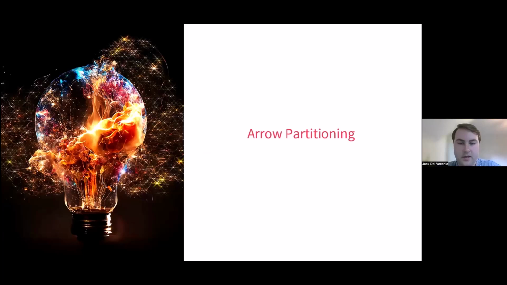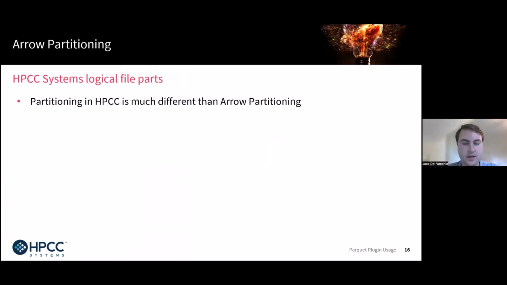Now I'm going to go into Arrow partitioning, and I'll explain it in the context of HPCC logical file parts. As I've said earlier, when you import a file to the cluster, depending on how many workers you have, for example a 50-way Thor, it would create 50 file parts and divide them up so that each Thor worker has its own file part.